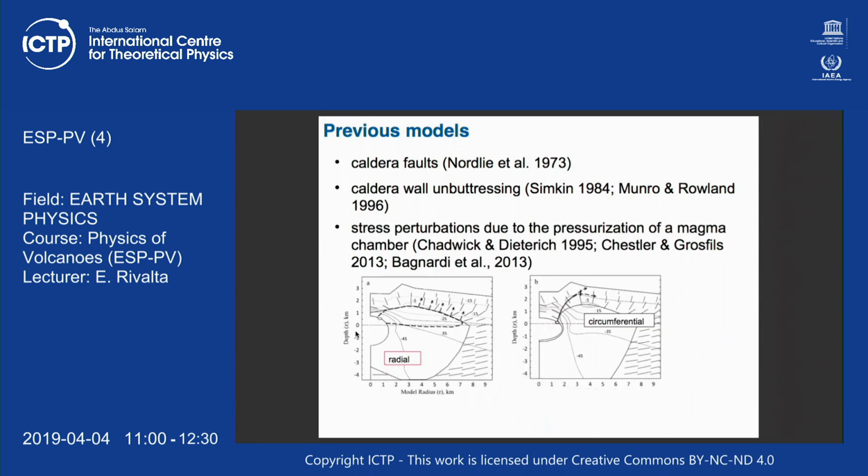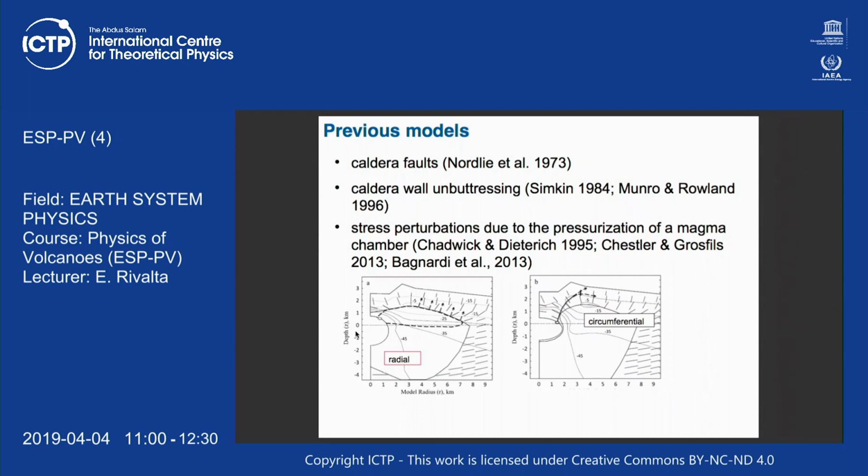And then again, a lot of people started to look at the perturbation of a magma chamber. Like here in this figure, you see what perturbation you would have if you have a spherical magma chamber, and the stress caused by a spherical magma chamber with this topography. However, you would have radial dikes, because a magma chamber also creates a similar effect to the edifice, although with a different scale.